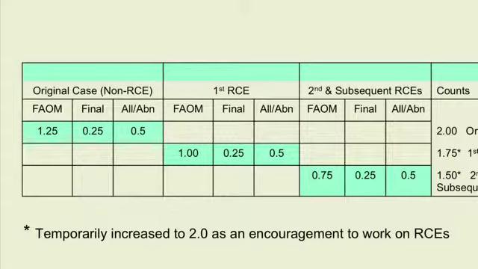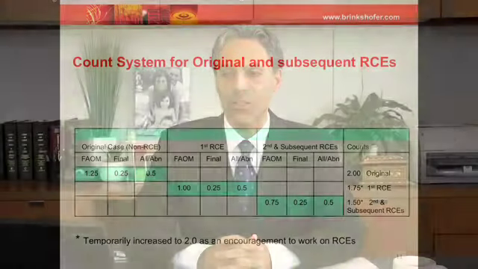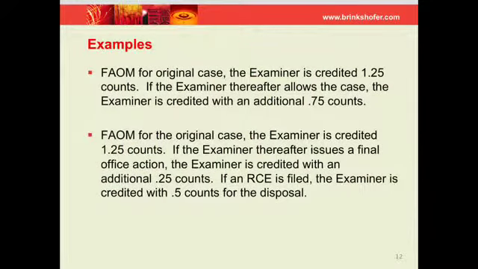So why don't we take a look at an example for applying the chart? Now, we have a first action office action, or FAOM, for an original case. When the examiner issues that first action, the examiner is credited 1.25 counts. If the examiner, after that, allows the case, the examiner is credited with an additional 0.75 counts.